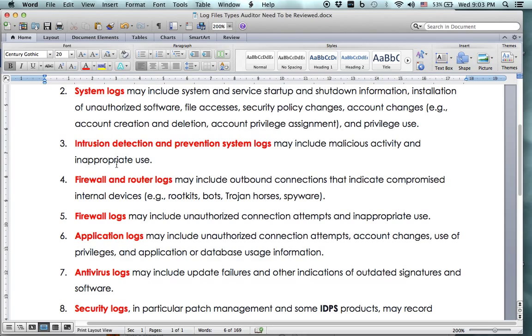Then number 6 is the application log. The application log is very important, involved with the core system, the report engine, or changes from the business unit.